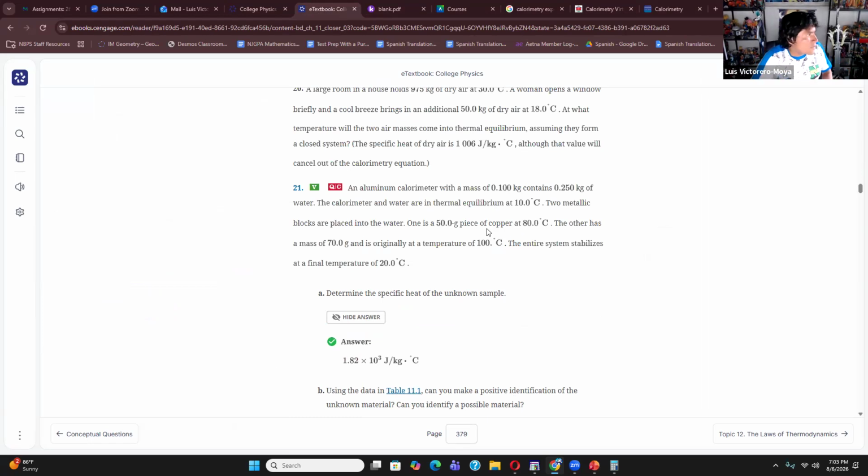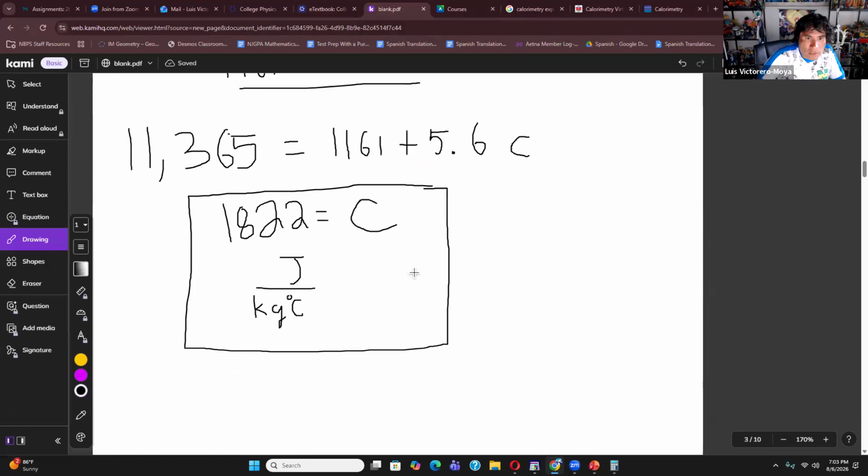I give you a sample, but normally you will know what sample it is. It can be aluminum or copper or brass, and then you compare it, right? For example, if I tell you this is a certain element, and the specific heat theoretically is 1,800, you can do a comparison there.